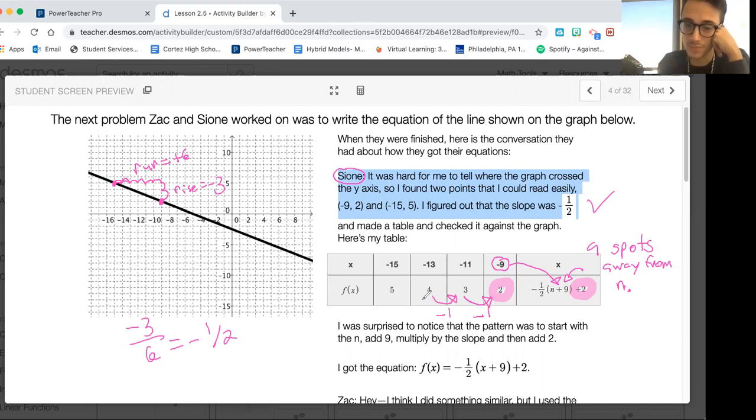All right, seems like interesting work. I'm with it. And I guess they probably measured the slope this way too. This is another way, because they kept adding 2 to the x value, but deducting 1 in the y value. It's okay, that works. All right, what else? So they got that equation, shout out to them, very cool.